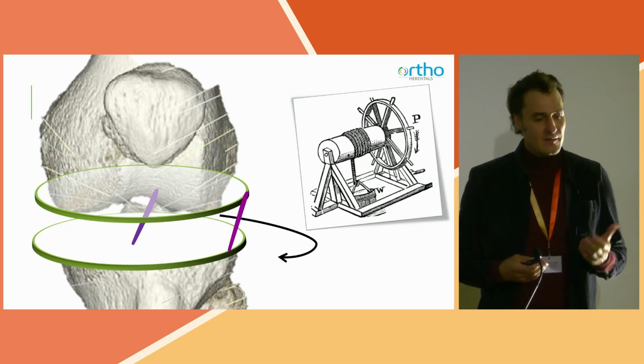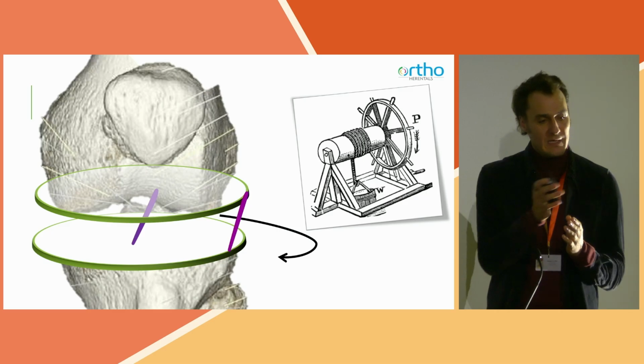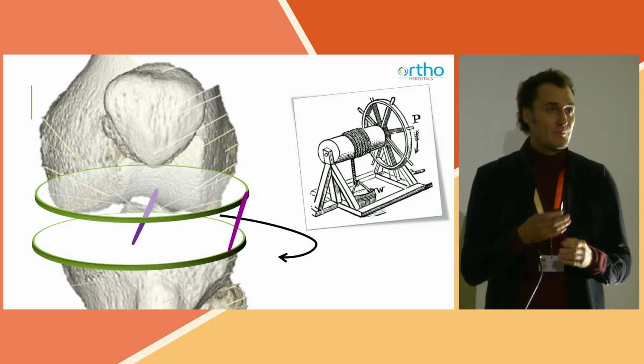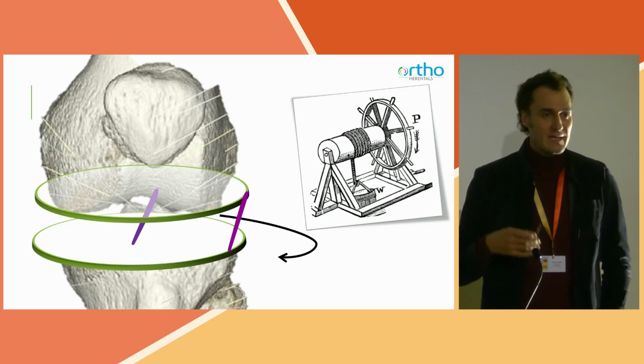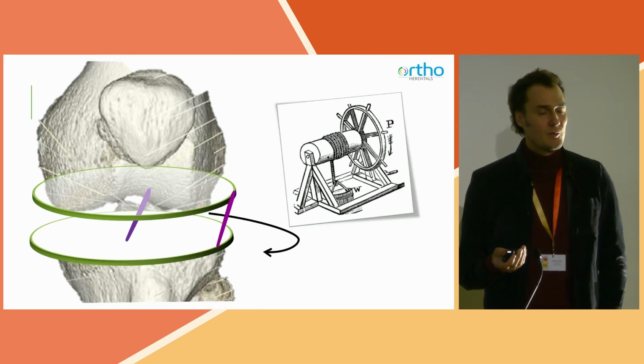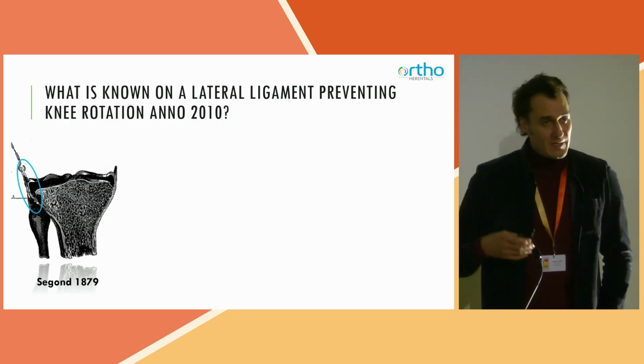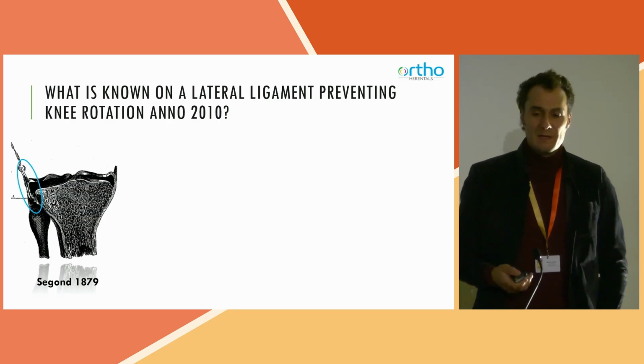It has a far bigger lever arm to control rotation if it's located at the peripheral aspect of these planes. So the ACL alone is very poorly placed to control rotation. So something at the periphery should be better.